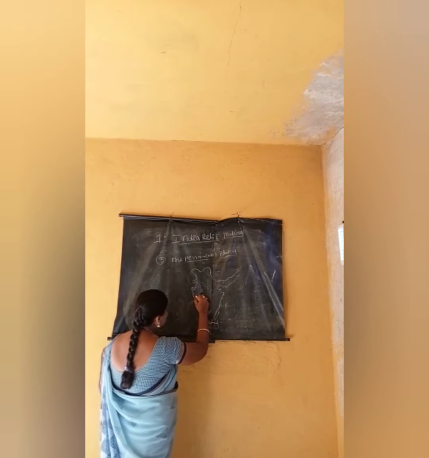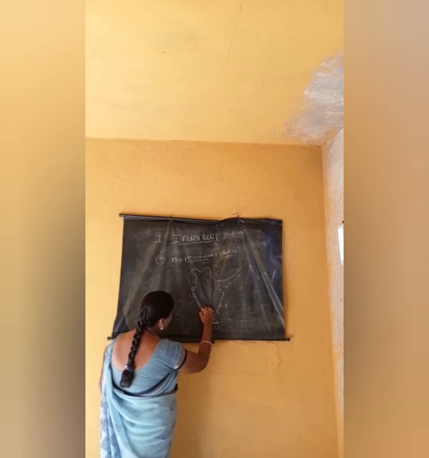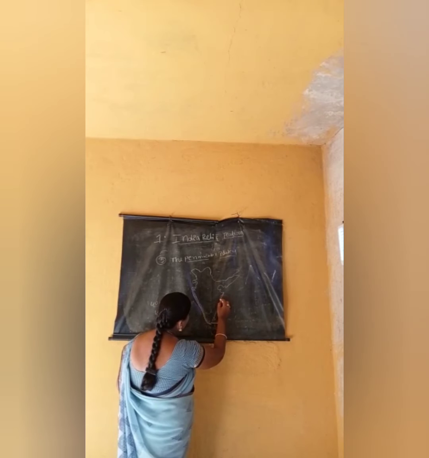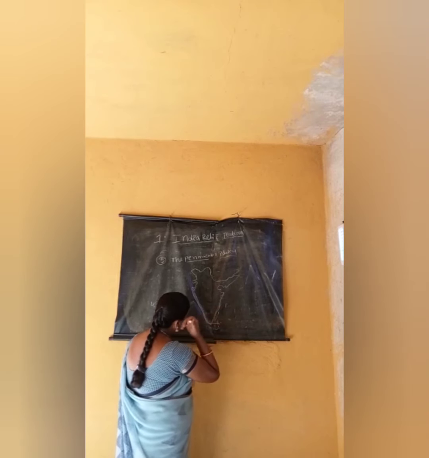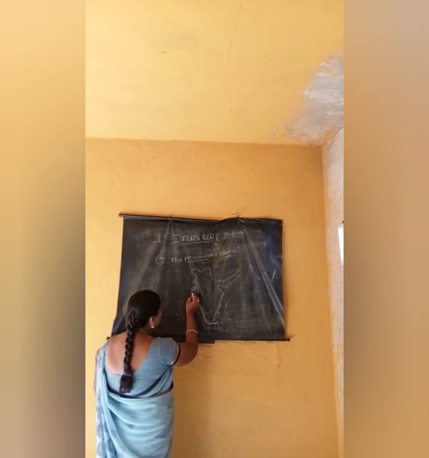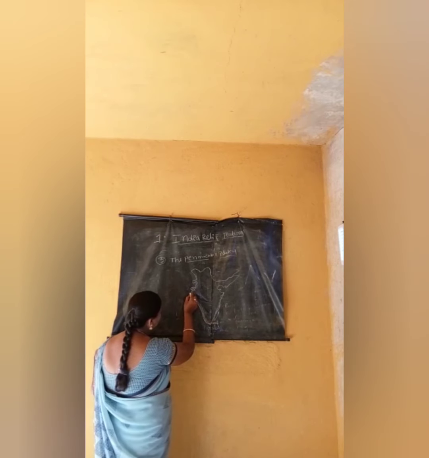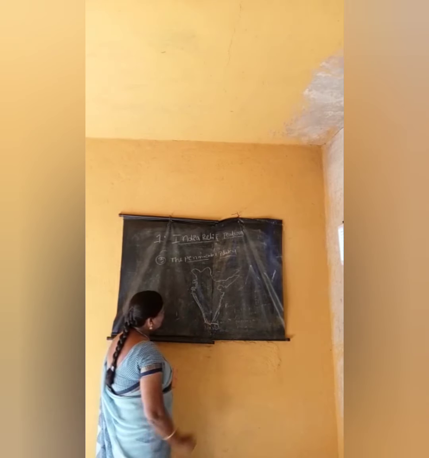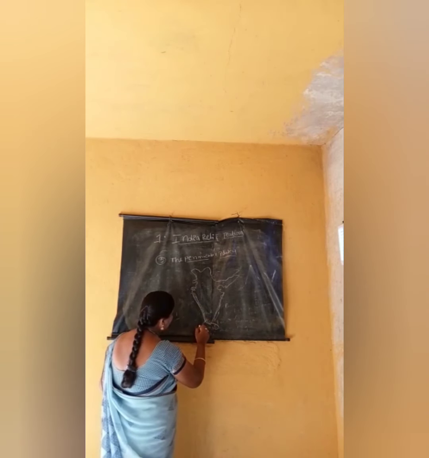The Eastern Ghats are divided into some small parts. The Western Ghats start from Mumbai to Nilgiris.